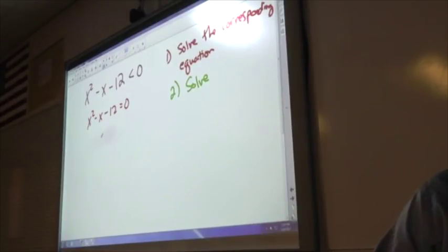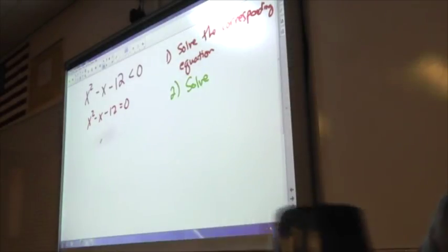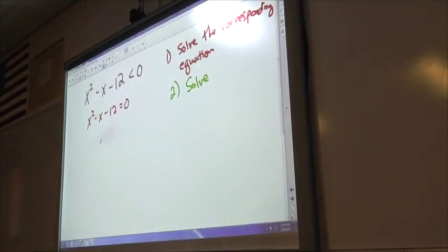Can we factor this one? Maybe. Can we? No? I want to be optimistic today. I'm going to say yes. What factors of negative 12, when you add them together, give you negative 1?